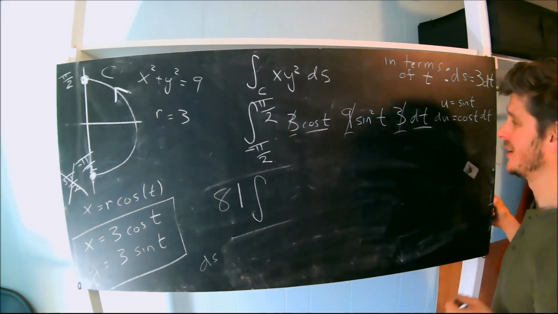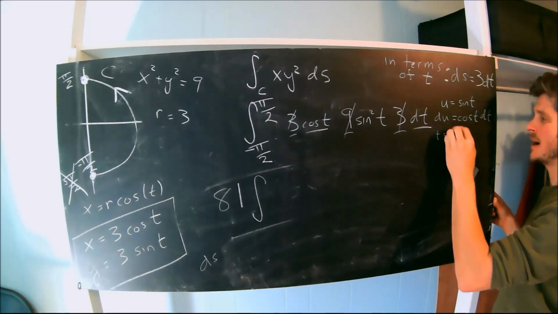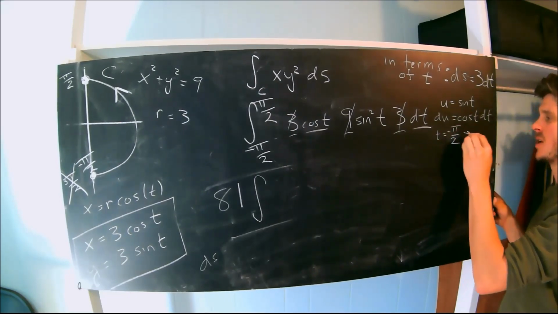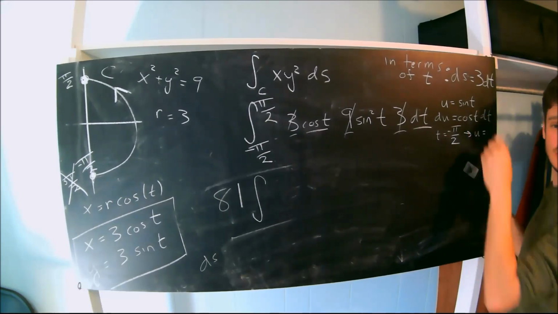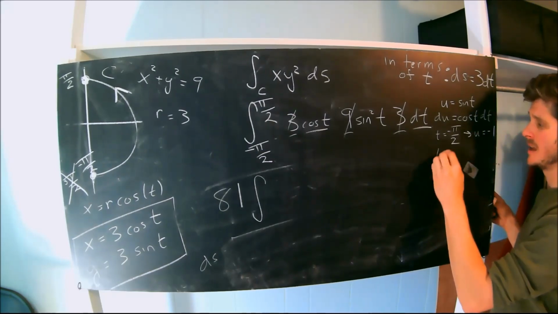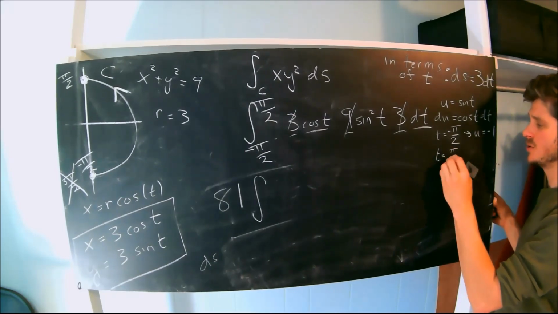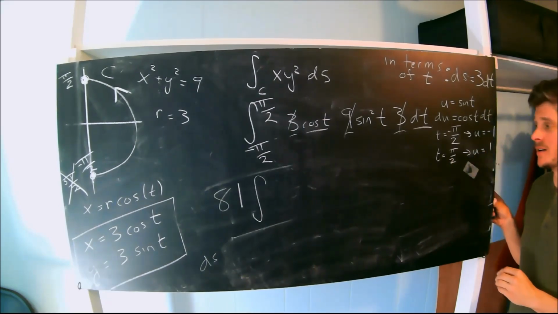And let's also change our limits of integration as well. Let's do a u sub on that. So if t was negative pi over 2, my lower limit, u is going to equal, well, if I plug in negative pi over 2, sine of negative pi over 2, negative 1. And if t was positive pi over 2, u is going to be 1.